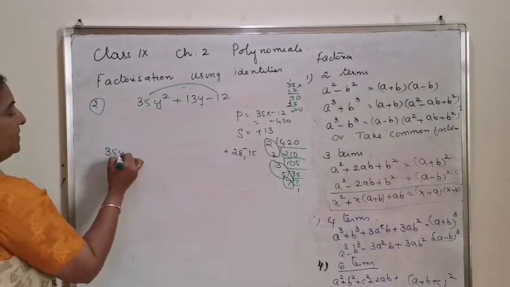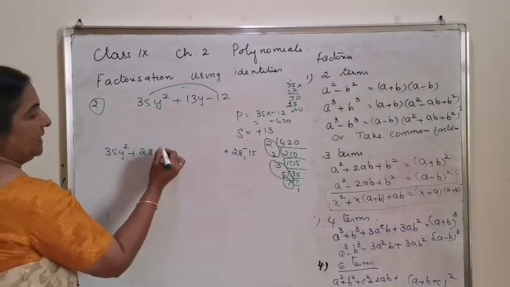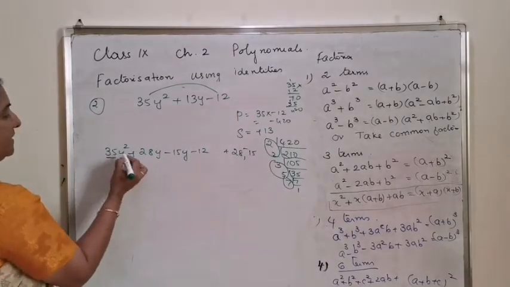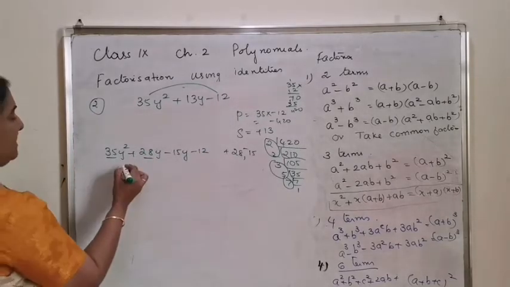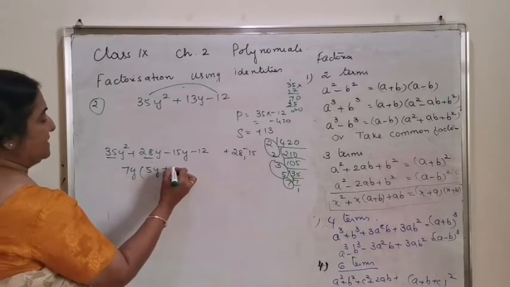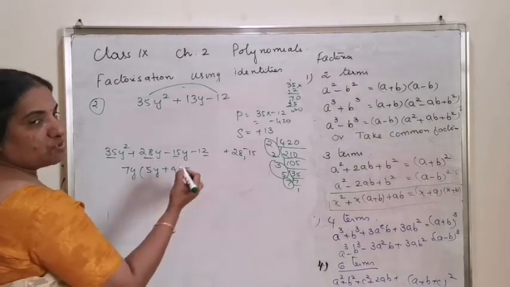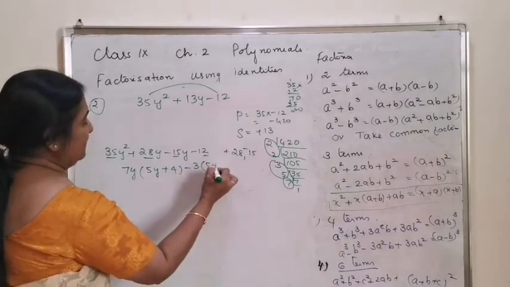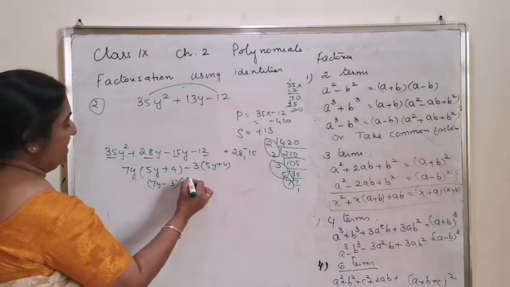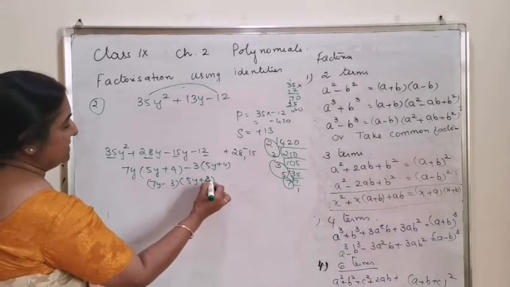So 35y square plus 28y minus 15y minus 12. For 35 and 28, the most common factor is 7y, into 5y plus 4. For minus 15 and 12, the common factor is minus 3, into 5y plus 4. So 7y minus 3 and 5y plus 4. So this is another combination.